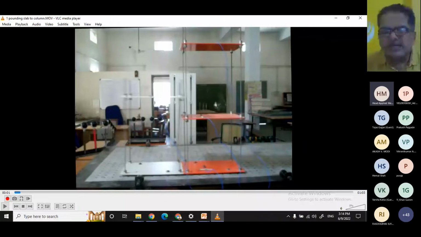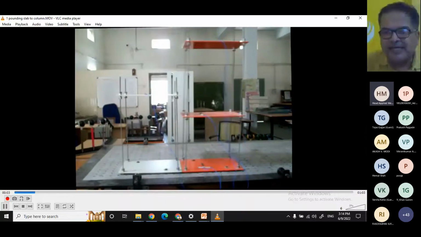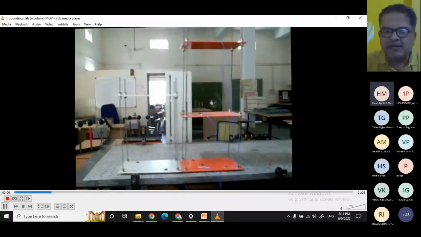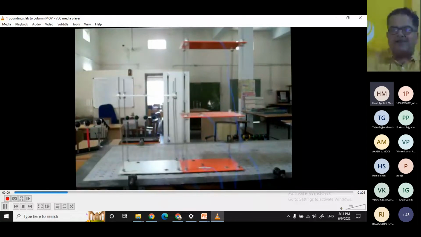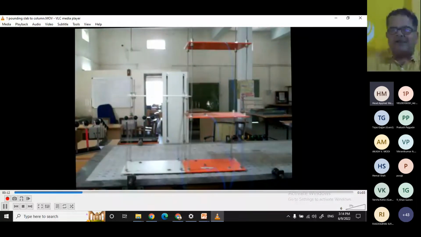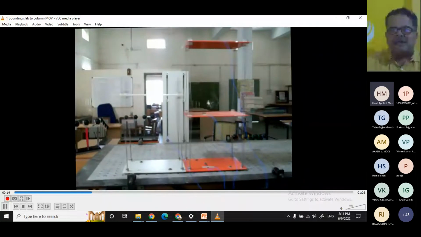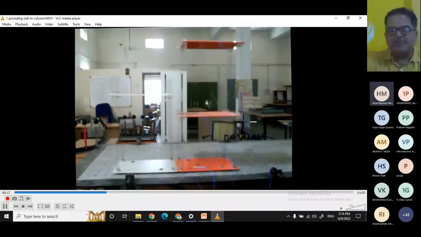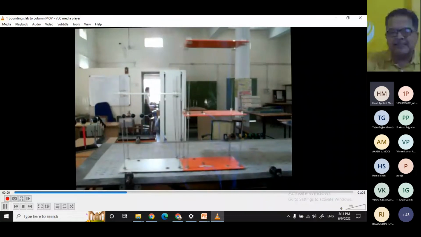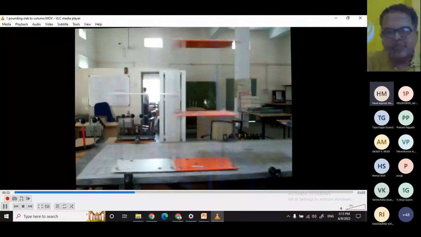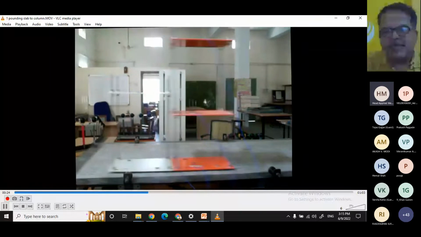So this is a single-story building, this is a two-story building, and what is going to happen, you can see here, right? We apply the same frequency to both the structures, but the first one, the white structure, starts vibrating. Now when the frequency is increased, the second structure starts vibrating, and what you can see is both the slabs are hitting the column of the other structure.